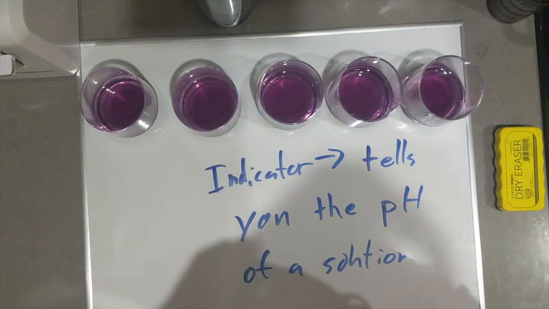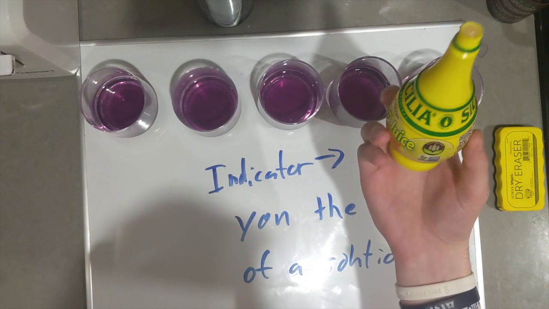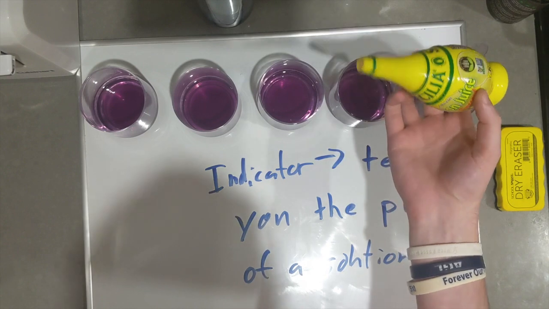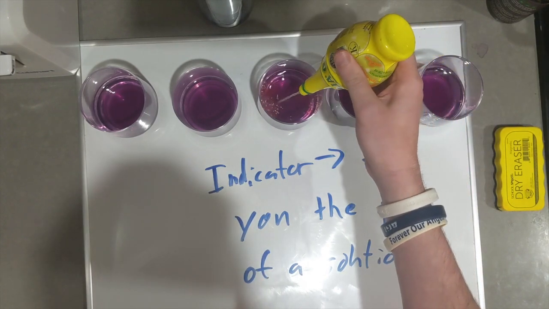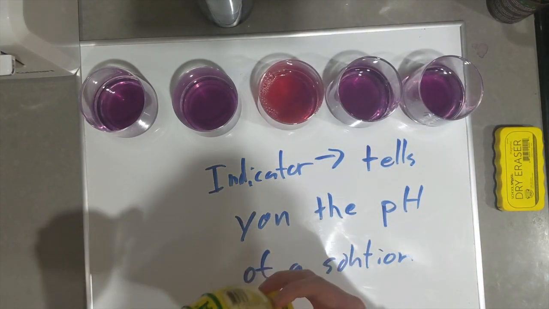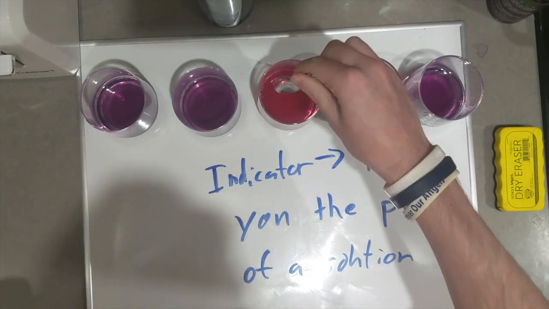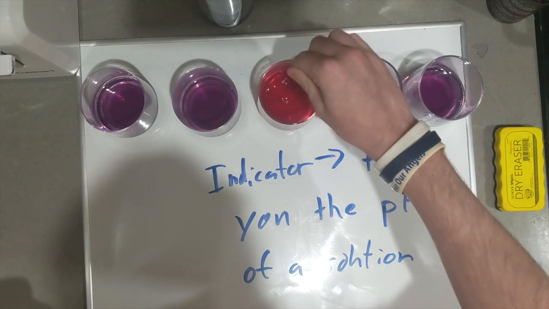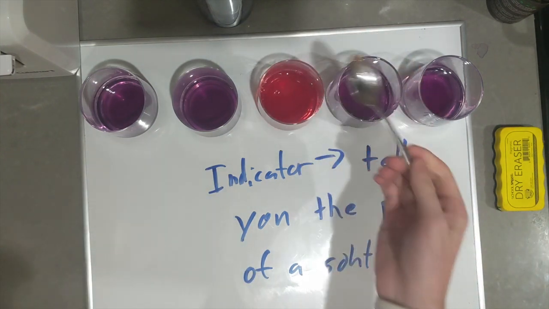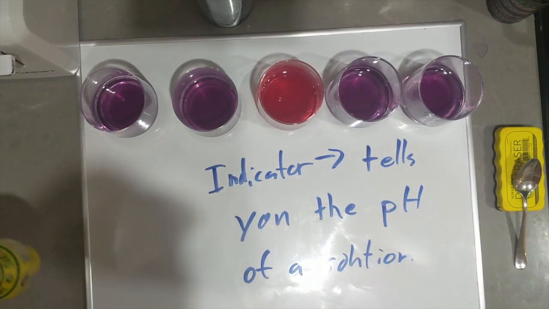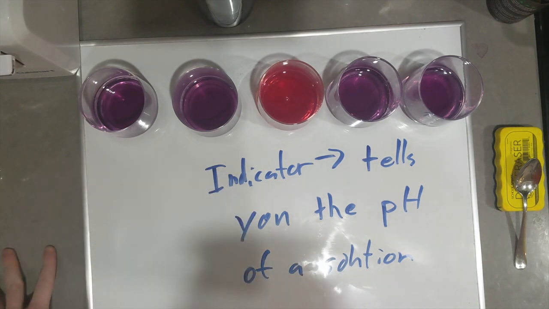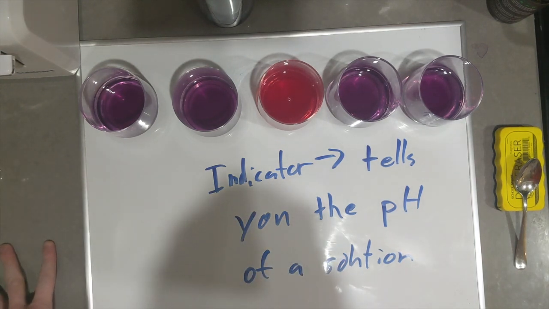So what happens if we take lemon juice and put it into cabbage juice? Look at that. Turns that really nice red color. If we had stronger acids, we could turn this bright, bright pink red. But don't mess around with those because that's unsafe.